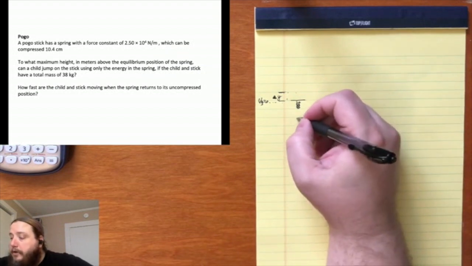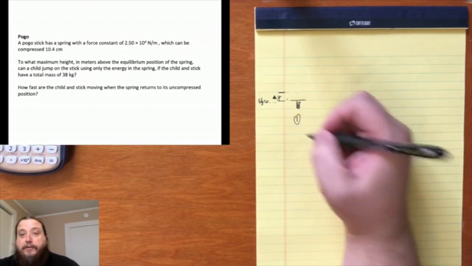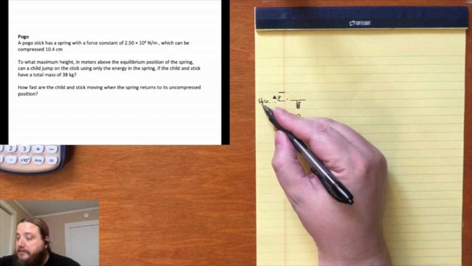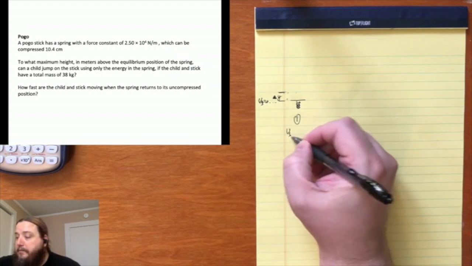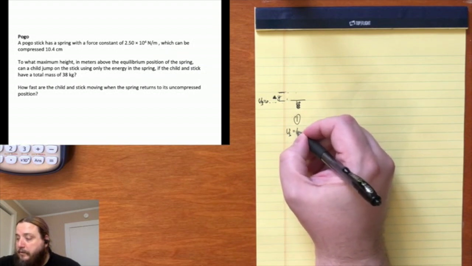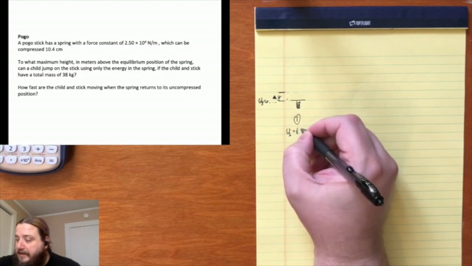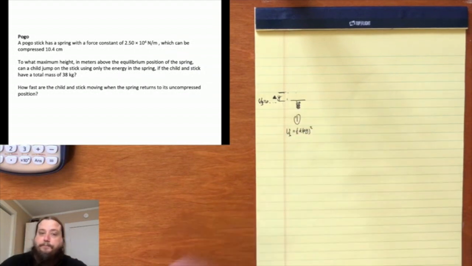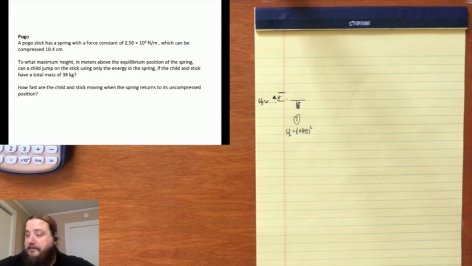All right, so our moment 1 is when we're fully compressed and we have 0 gravitational potential energy but non-zero spring potential energy, 1/2 k times, in this case, our delta y squared. And then it asks us to what height in meters above the equilibrium position. Right?